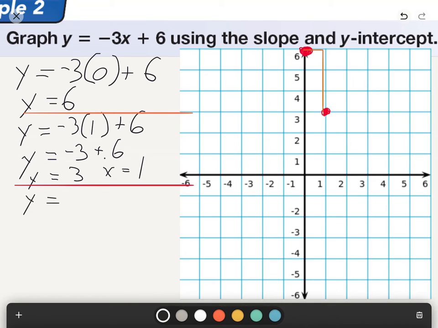In this case, y equals negative 3 times our x value, which is going to be 2, plus 6. So that gets to y equals negative 6 plus 6, which will get us to y equals 0 and x equals 2.